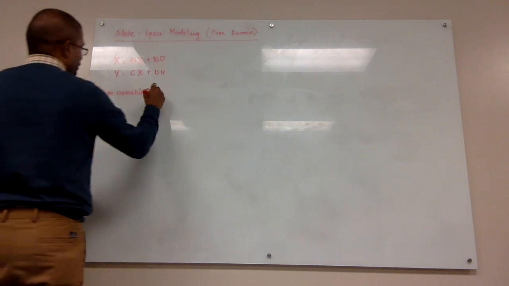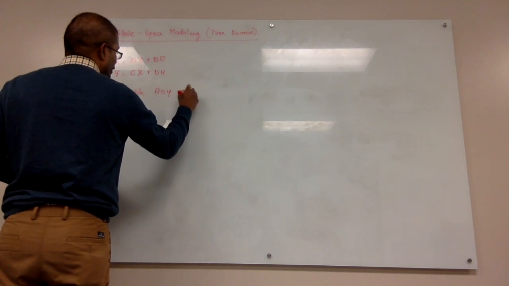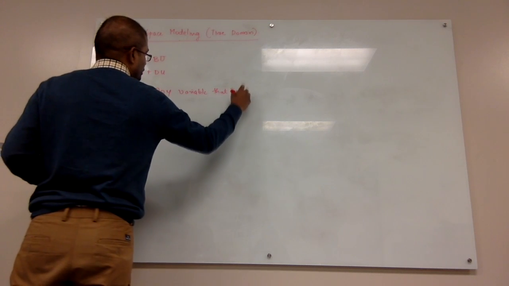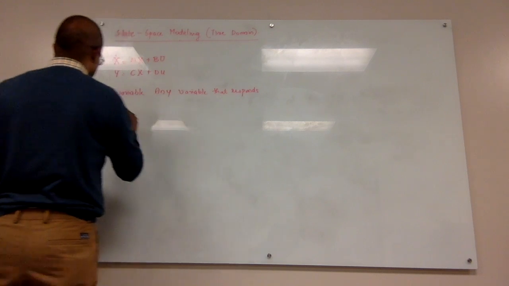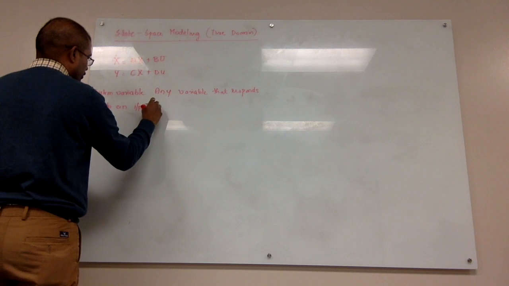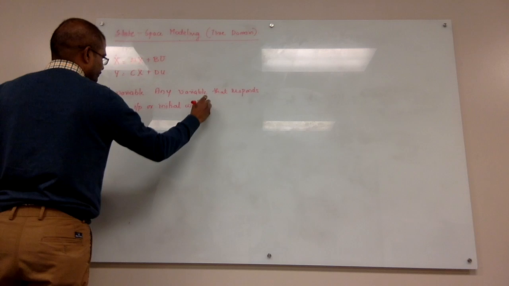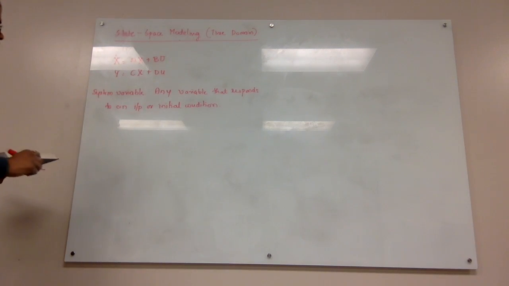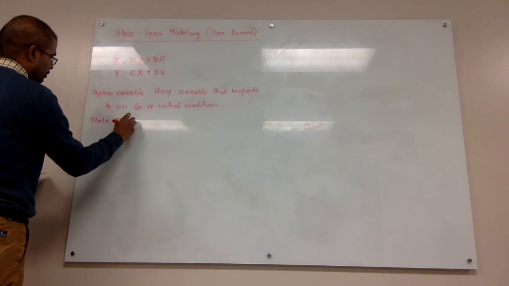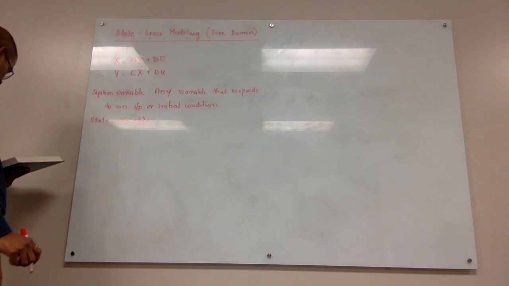System variable is any variable that responds to an input or initial condition. Then we branch into state variable.